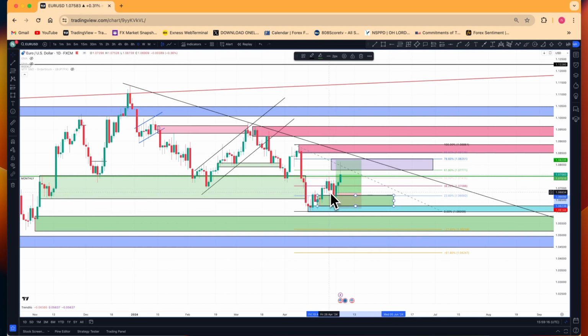I told you guys I was still expecting a push to the upside, and this is where my stop loss is. The market opened on Monday with this bullish candle, then Tuesday, Wednesday, Thursday, Friday, and exactly as I expected, it came into my 61 to 78% area of Fibonacci, and we smiled to the bank, me and my fellow traders in my Telegram group.